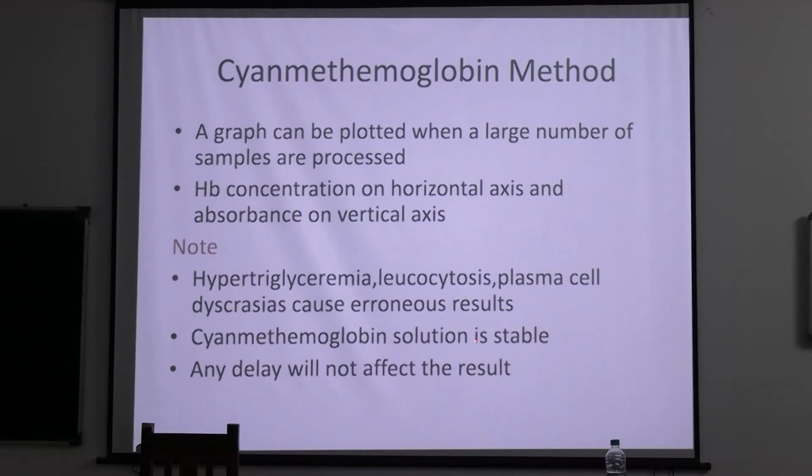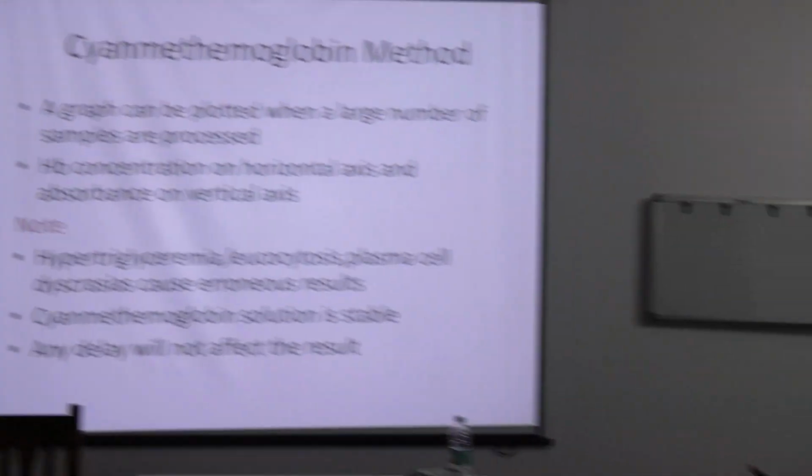And this cyanmethemoglobin is very stable, and if you keep it for half an hour and come and take the reading after half an hour, it will give almost the same reading. It is a stable compound, it will not decay. So these are the advantages.